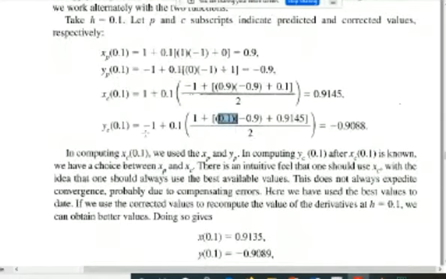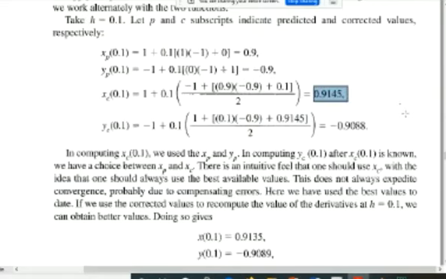Here, in computing the corrected value of x at first step, we use the predicted value of x and y. In computing the corrected value of y, also the corrected value of x is known, and we have a choice between the predicted value of x or the corrected value of x.